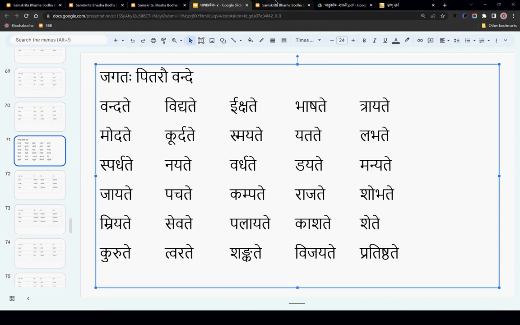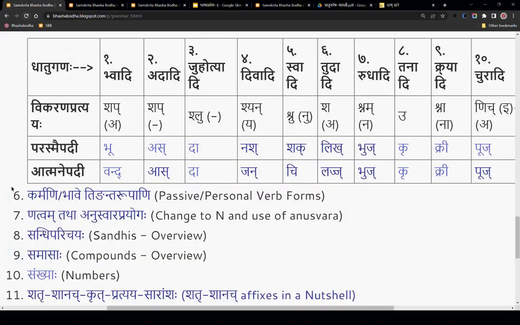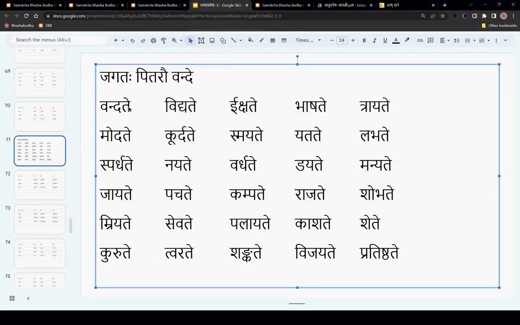Like the other dhatus we have studied, all these Atmanepadi dhatus also fall into different ganas. Depending on the gana, they will be following their pattern. So gana plus pada determines the pattern overall. The pada determines the ending pattern, like bhavati, bhavatah, bhavanti, etc. These are the ending patterns for the Parasmaipadi dhatus.